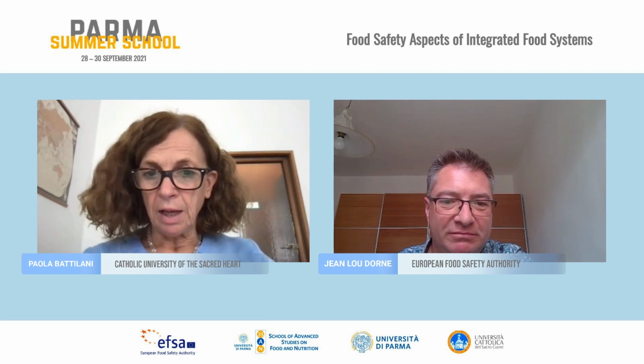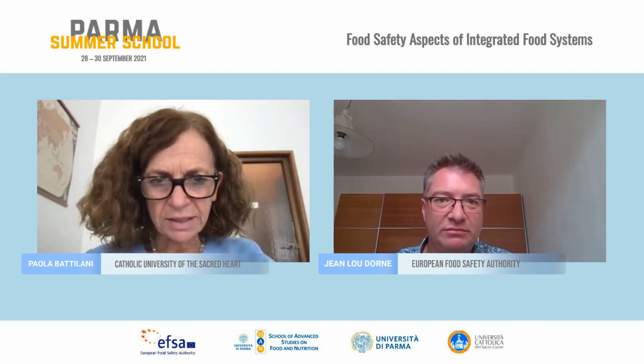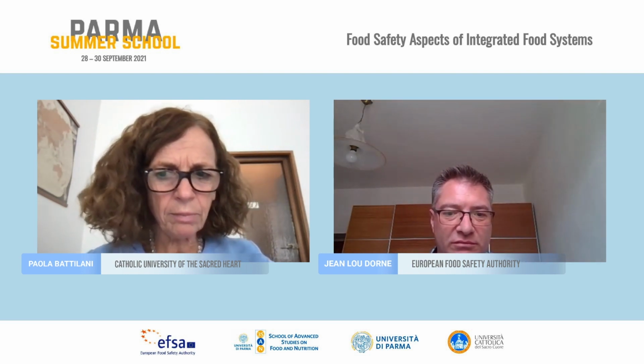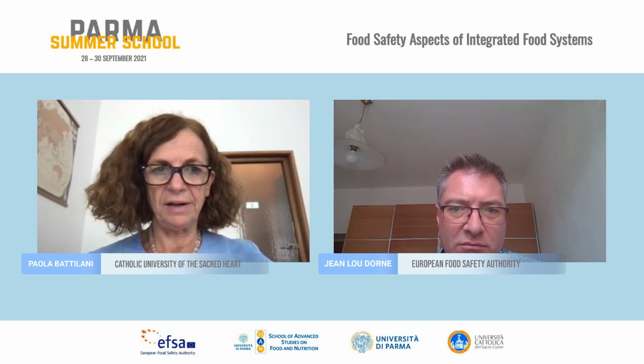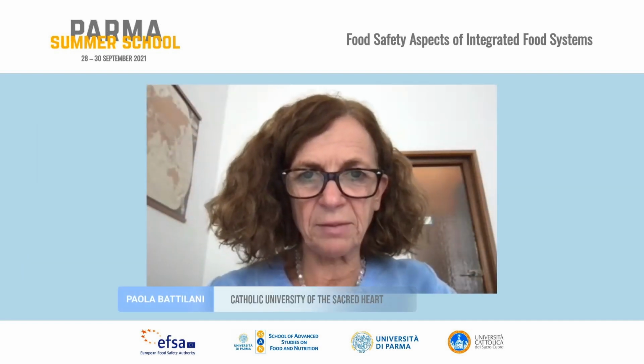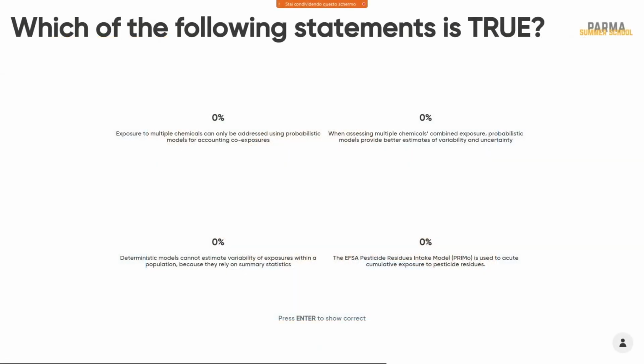Do you have other questions for the poll? We have another question. Which of the following statements is true? Exposure to multiple chemicals can only be addressed using probabilistic models for accounting co-exposure.